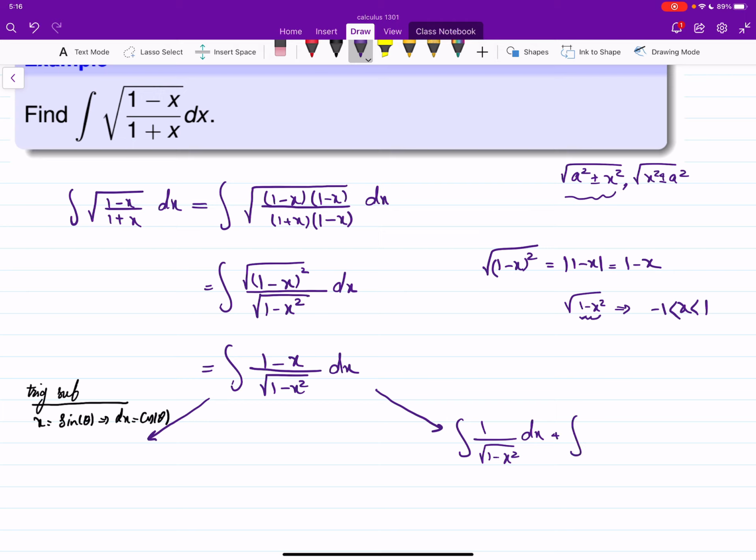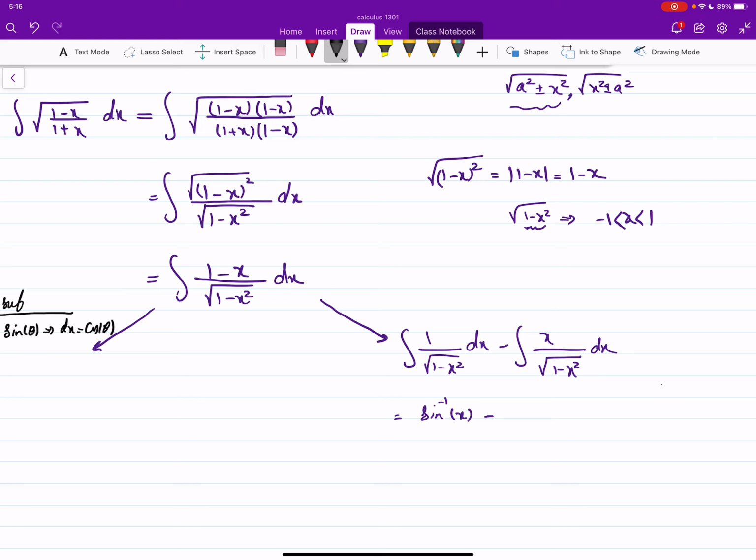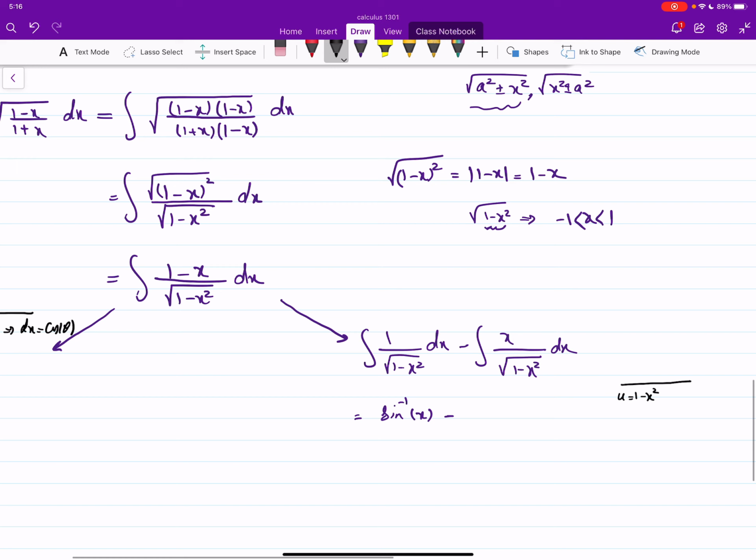And I see that, oh, this is now easier even than what we had in mind originally. Why? Because the first one is just the derivative of sine inverse, arc sine of x. And the second one, if you do the simple substitution, u equals 1 minus x squared, then you have du equals minus 2x dx.